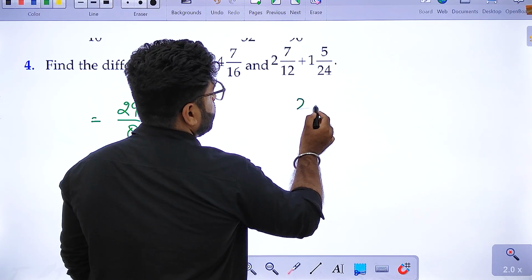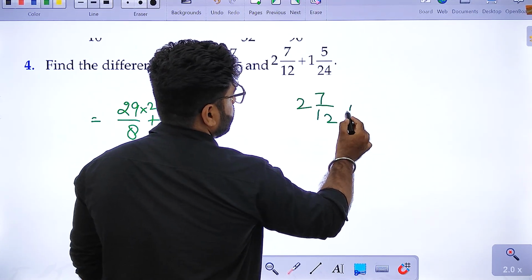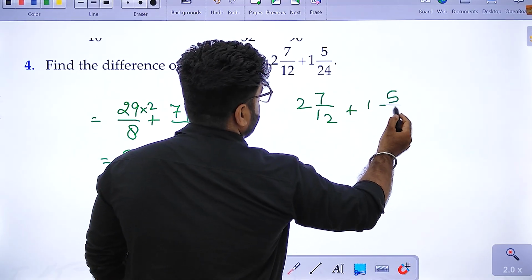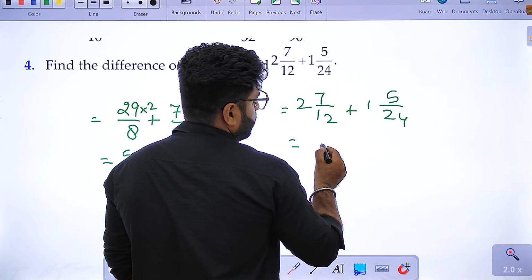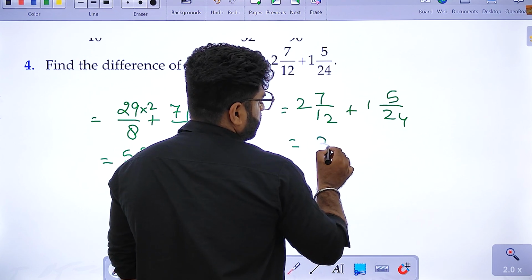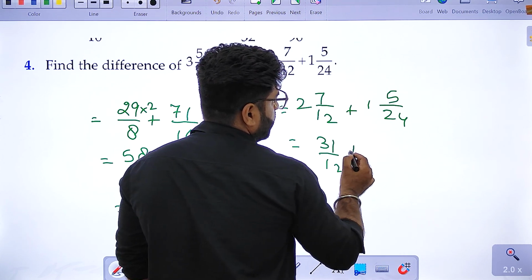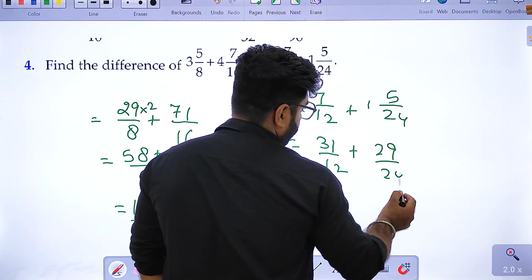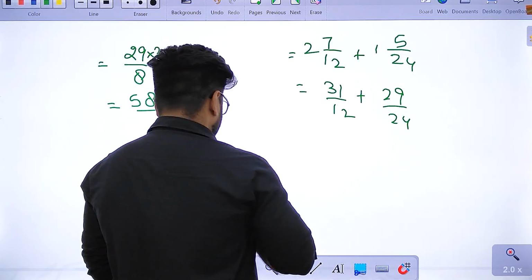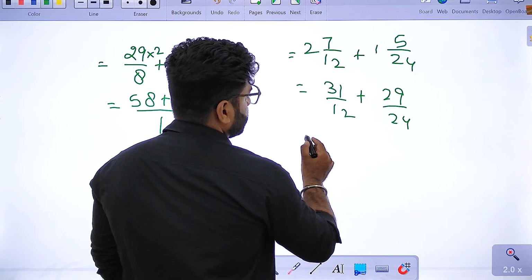So here we are having 2 7 by 12 plus 1 5 by 24. So here we are 24, 31 by 12 and here we are having 29 by 24. Again we are going to take the LCM.